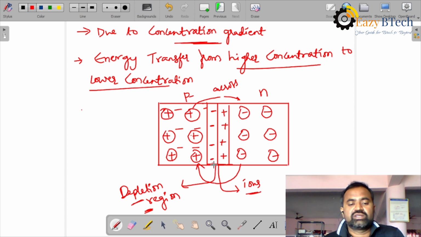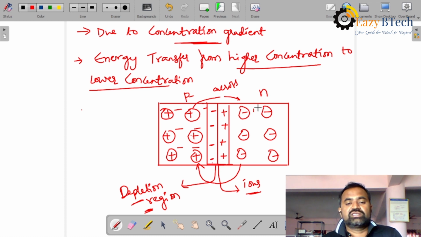A voltage is developed in the depletion region due to positive and negative charges, and these charges become immobile ions.